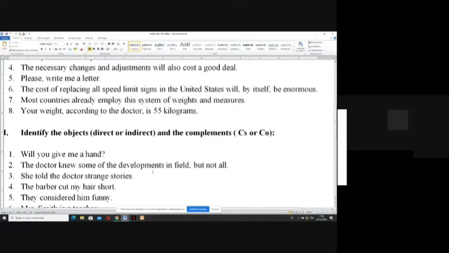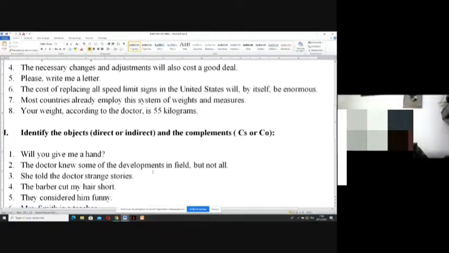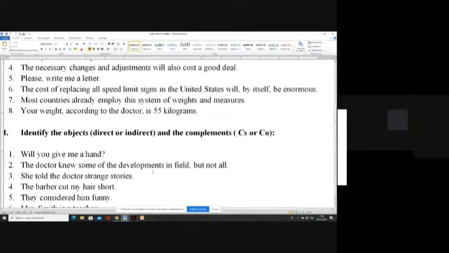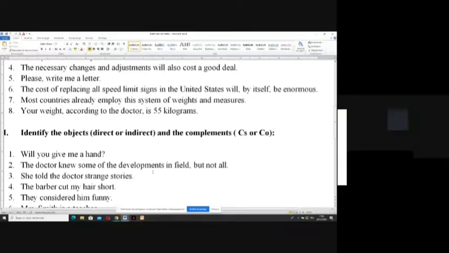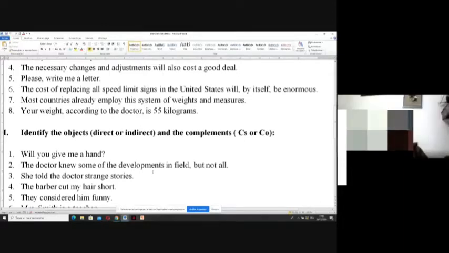She told the doctor what? Strange stories. To whom? To the doctor. So strange stories is the direct object, and the doctor is the indirect object. So told is a ditransitive verb. Good. Next.